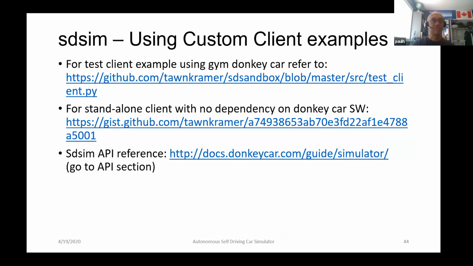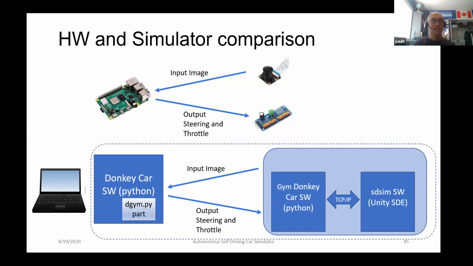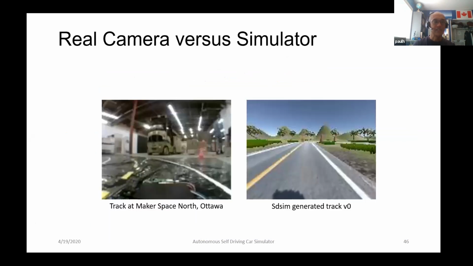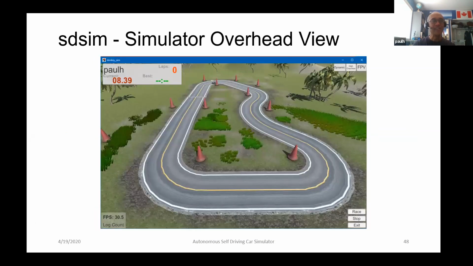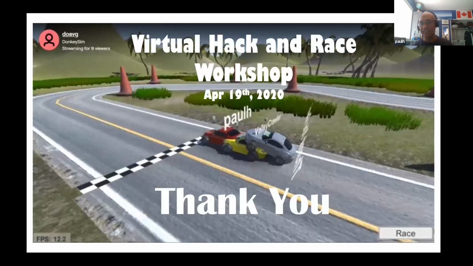So that hopefully it makes it easier for people to plug in these other models with perhaps a different camera perspective. So that's that. And then I just have, that's not too interesting, it's the simulator main menu, and this is a new view that Ton has added as well for the overhead. And that's my last slide.